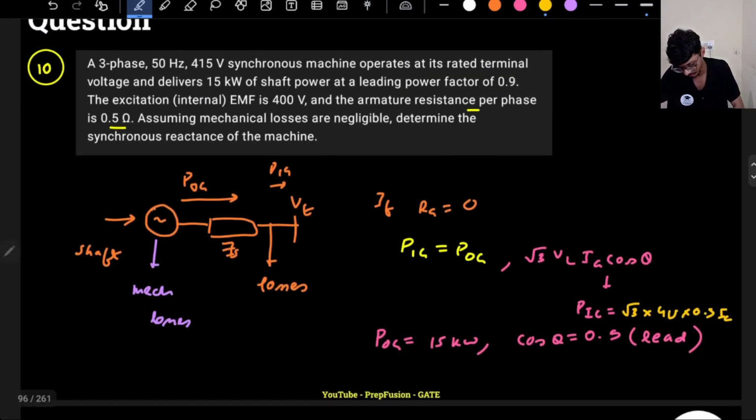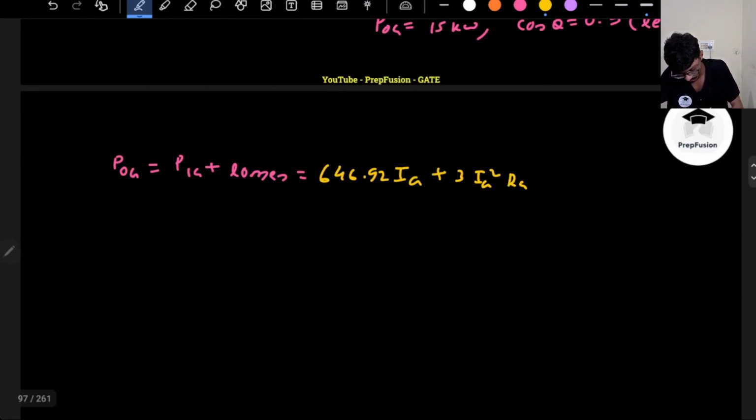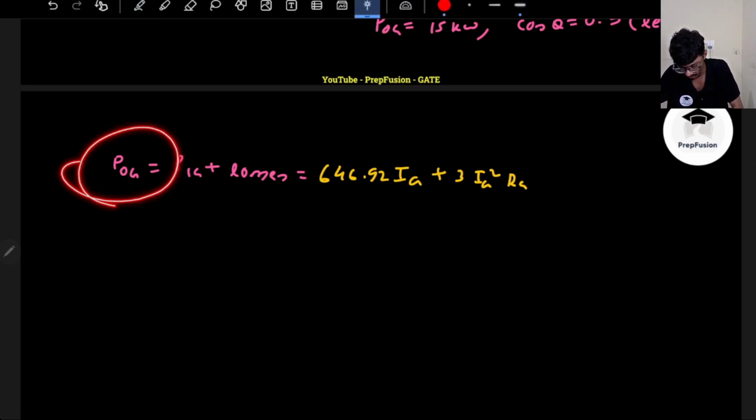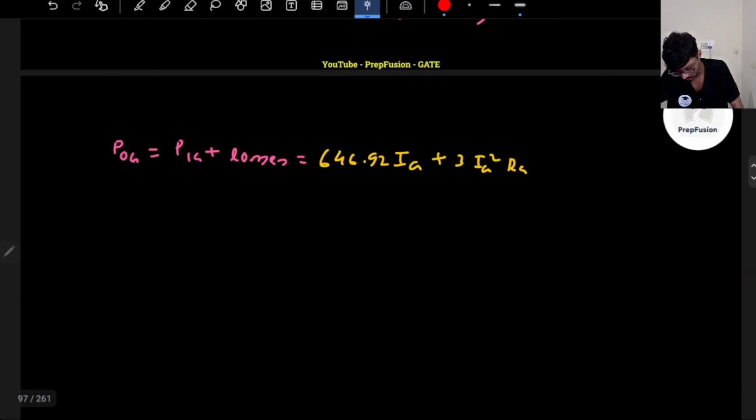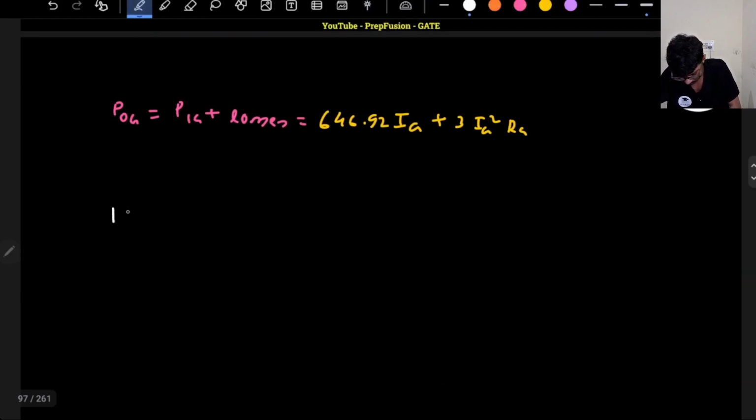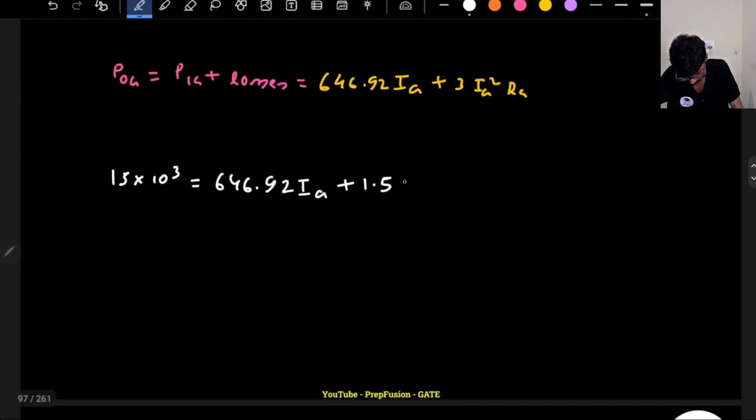I know the RA value they have given me, that is 0.5, so this will be 0.5 into 3. And what is the input, the shaft power? Shaft power is 15 kilowatts. So 15 into 10 cube equals 646.92 IA plus 3 into 0.5, that is 1.5 IA square.